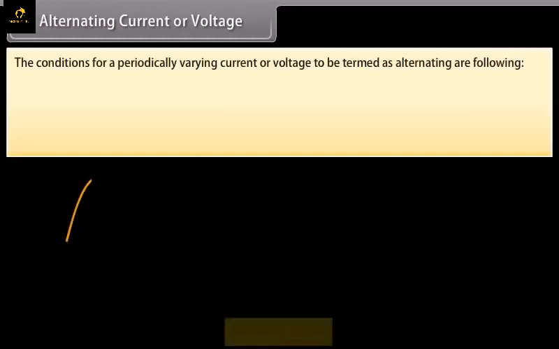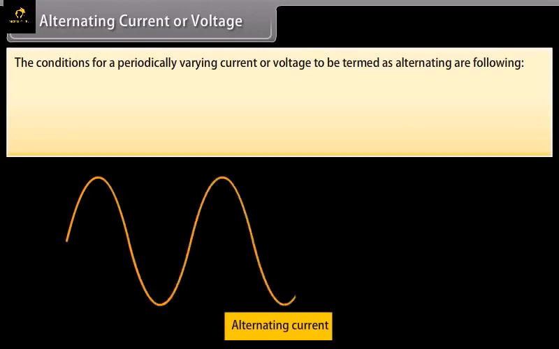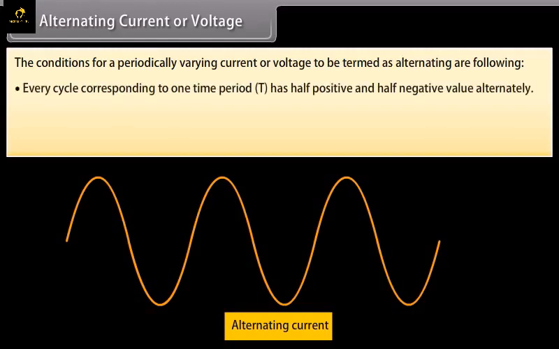Alternating current or voltage. The conditions for a periodically varying current or voltage to be termed as alternating are following. Every cycle corresponding to one time period has half positive and half negative value alternately.